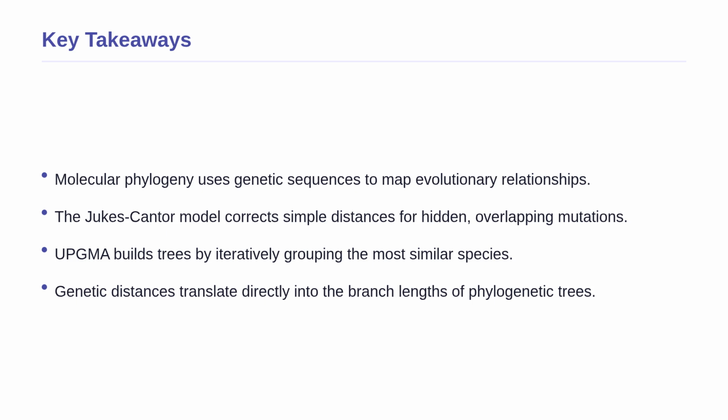Second, we learned that simple genetic distances can be misleading, and we must use models like Jukes-Cantor to correct for hidden, overlapping mutations that occur over millions of years. Finally, we saw how the UPGMA algorithm uses these mathematical distances as foundational building blocks to construct clear, hierarchical maps of evolutionary relationships from the bottom up.